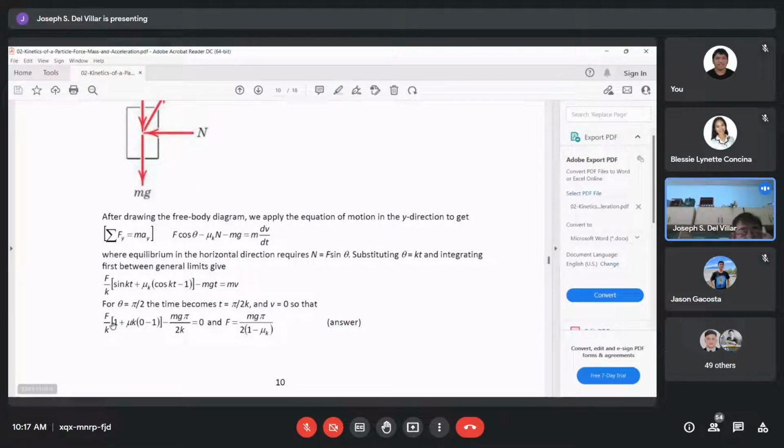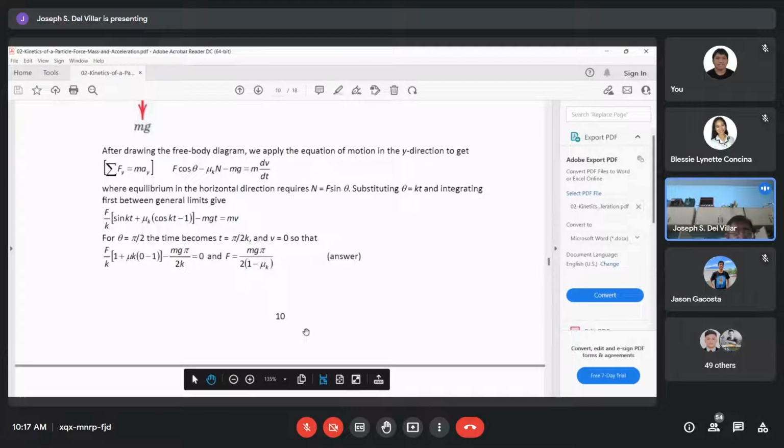And then solve for F. Okay? Yan, ito na yung lumabas. Okay? So that is the force in terms of parang naka-formula siya. Mg pi over 2 times 1 minus mu k. Na-cancel yung k, no? Kasi nung dinistribute to, minultiply ito dito. Okay?